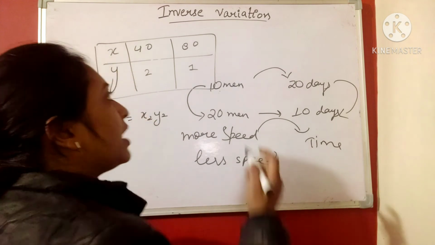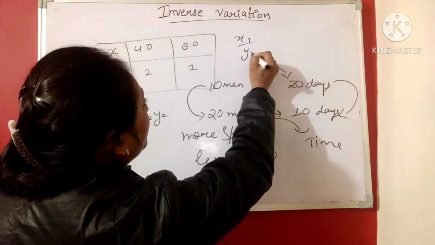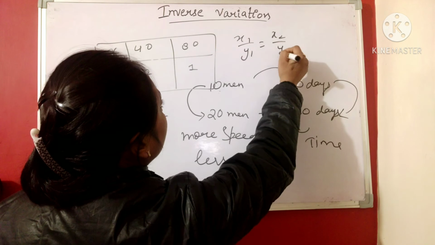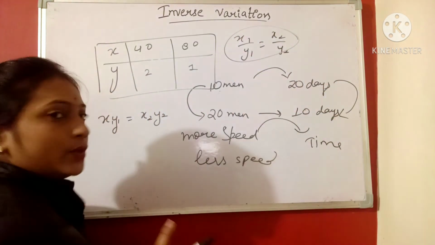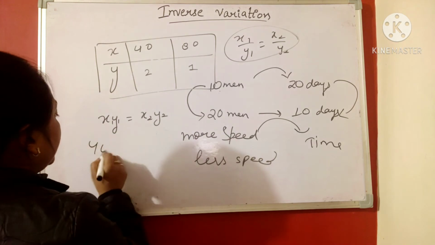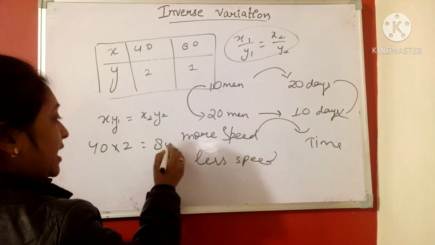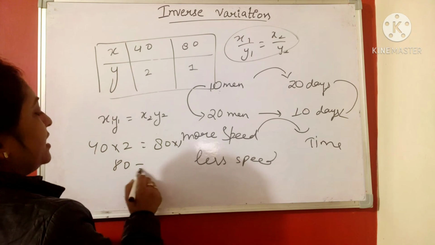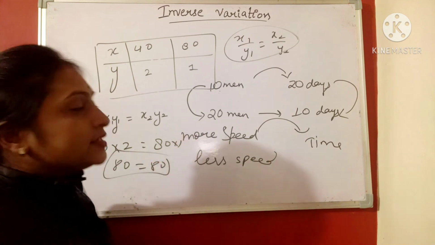In direct variation, we had the constant equal and from there we were able to find the values, but here in inverse variation, we will have the products equal. So 40 into 2 is equal to 80 into 1. Let us see. Yes, it is correct. So this can be used.